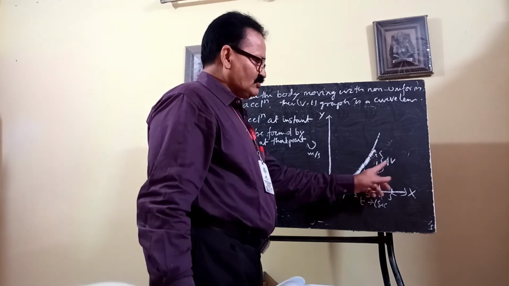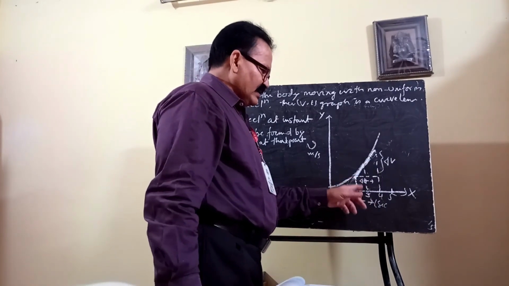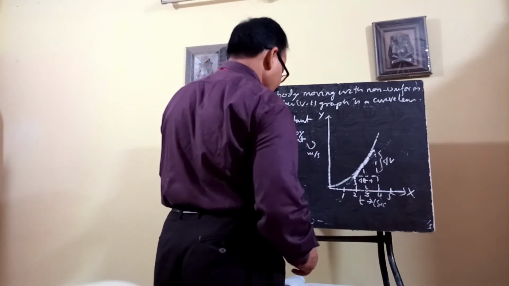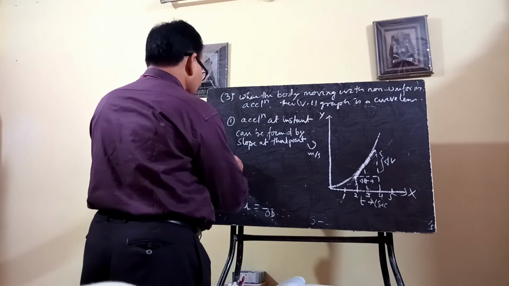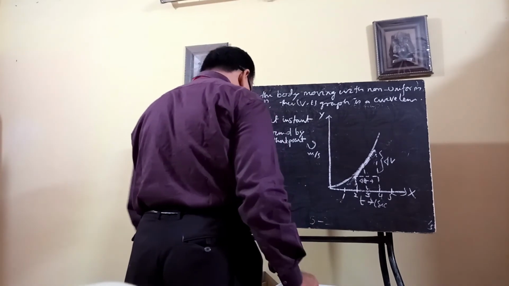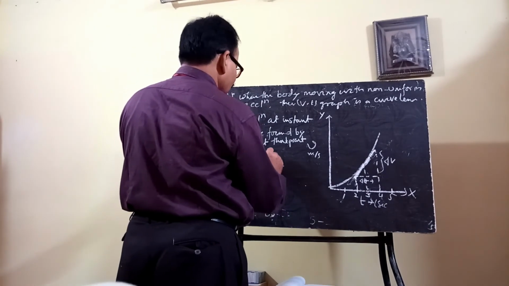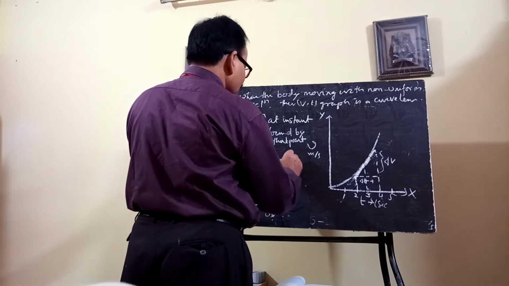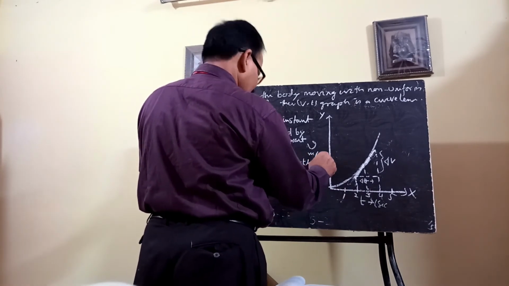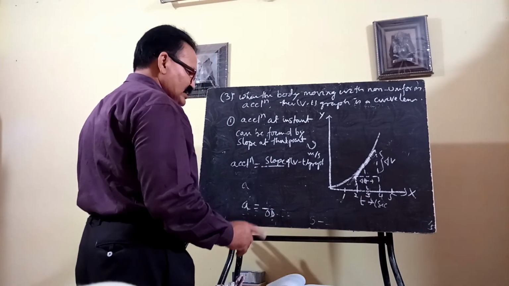The vertical difference will give you the change in velocity, and the horizontal line will give you the difference in your time interval. So acceleration in that case will give you the instantaneous acceleration. Acceleration will be the slope of the velocity time graph by drawing a tangent. Okay, so you have got it.